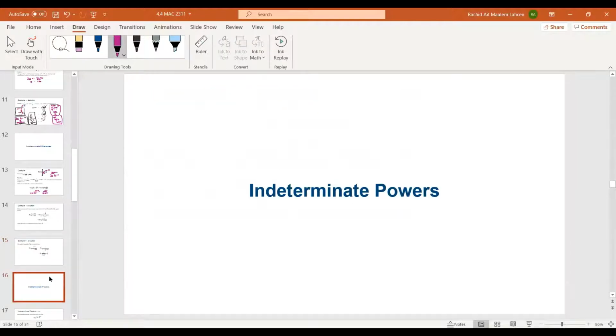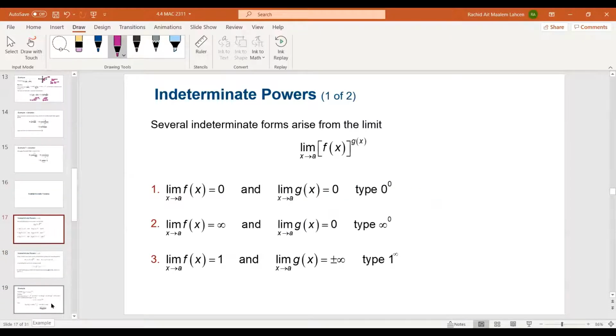So there is another case which we looked at with these indeterminate forms, which is the power form of the indeterminate form, where if you have this power, you run into something like this or this or this, which are the other indeterminate forms.